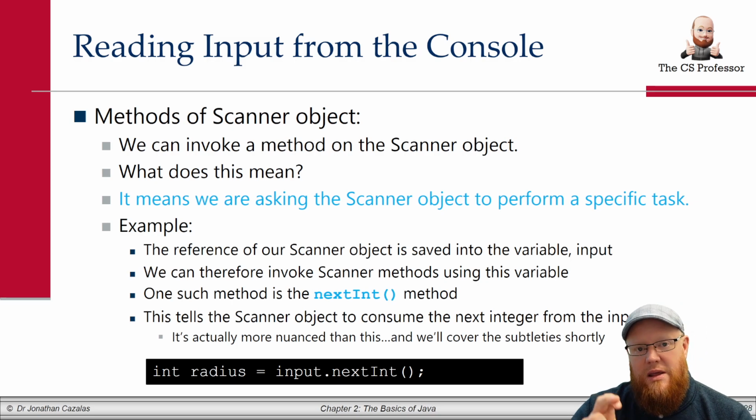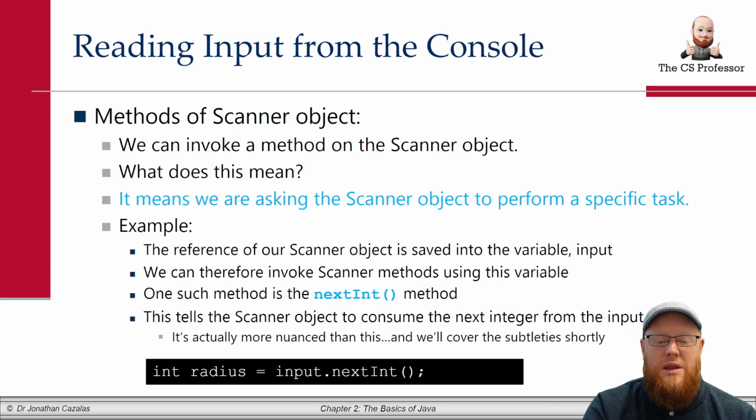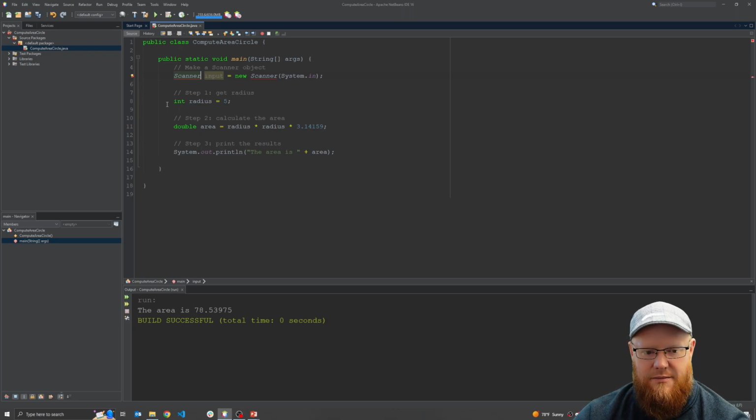So notice we don't need an input and then a separate int function to convert it to an integer. It's automatically done in one go using nextInt. So now we can make this change to use this particular method of the scanner object.